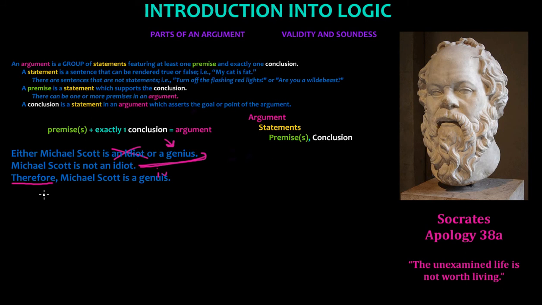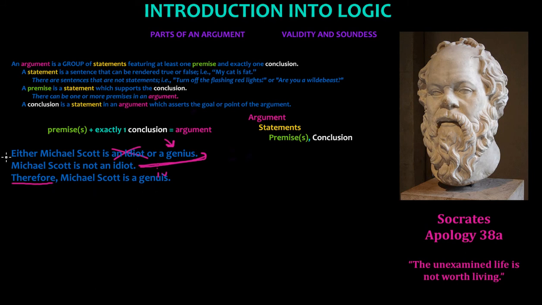And the third point would be that these two statements over here are leading us to logically conclude what this statement makes explicit. Either Michael Scott is an idiot or a genius. Michael Scott is not an idiot, hence we cross that out, which means that Michael Scott is then a genius. Therefore, Michael Scott is a genius.